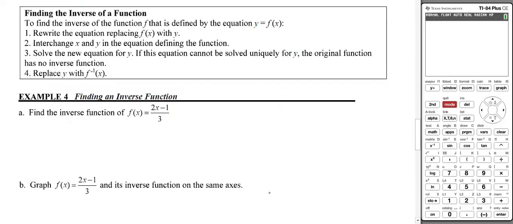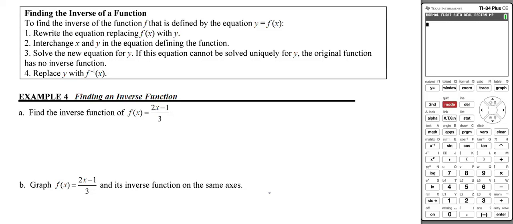Finding the inverse of a function. To find the inverse of the function f that's defined by the equation y equals f of x, first we rewrite the equation replacing f of x with y. In other words, just dispensing with the function notation and writing y instead of f of x. Next step is to interchange x and y in the equation defining the function.